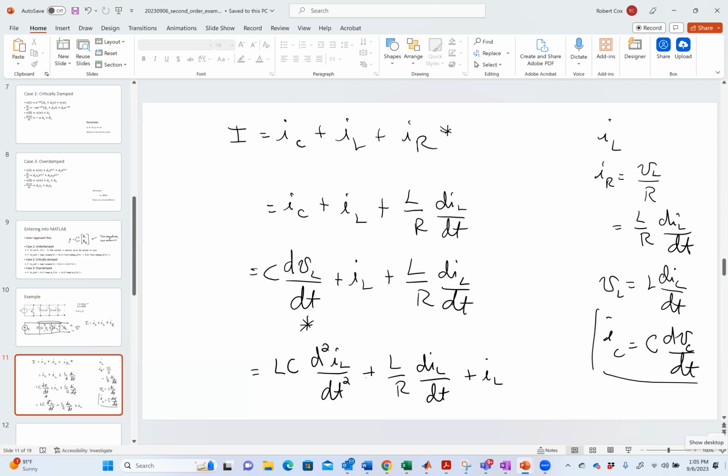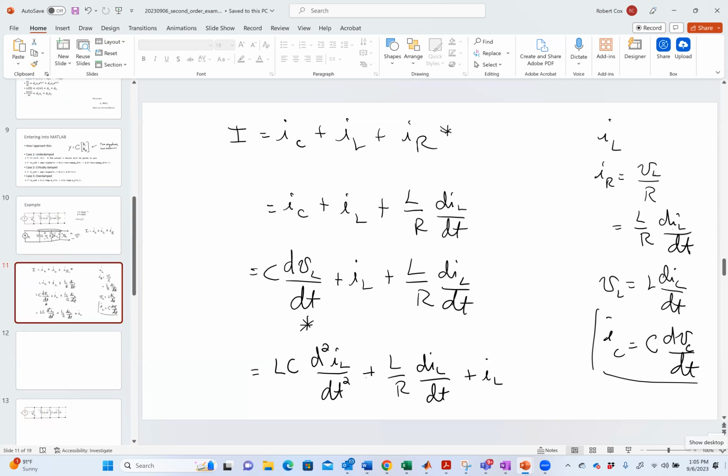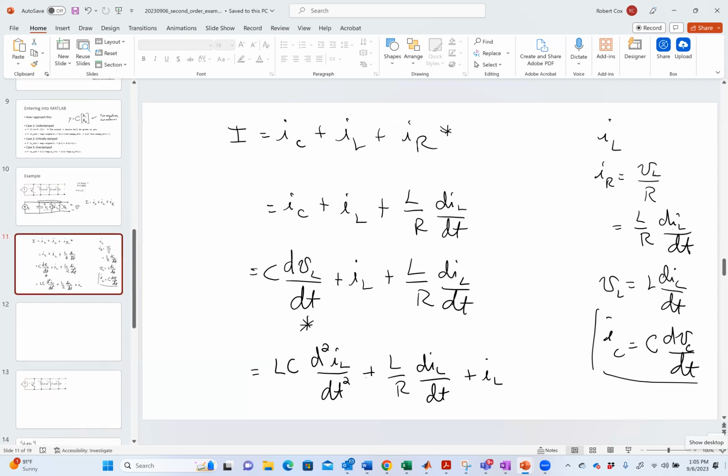Now, if you haven't started the homework, you may not know this, but is that in my standard form? No. To get to the standard form that I gave in the slides, the coefficient of the first term should be 1, right? So I should divide both sides of this equation by LC.